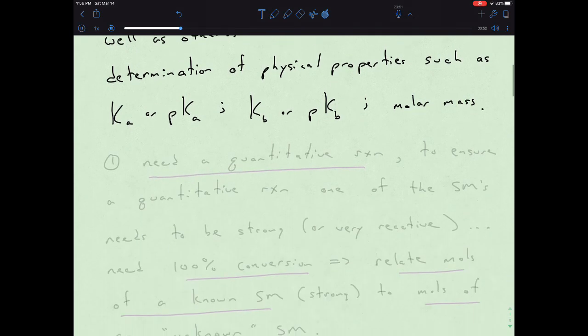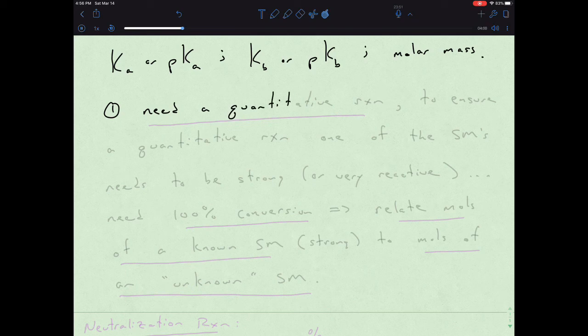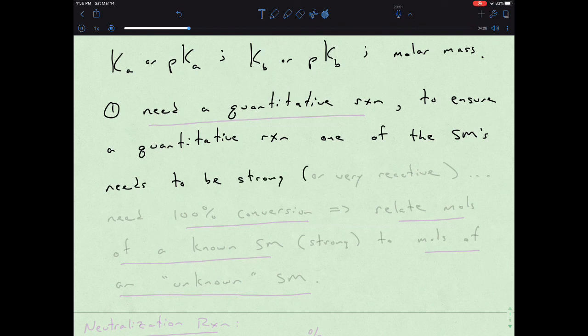So with titrations, what do we need? Well, we need a quantitative reaction. And to ensure a quantitative reaction, one of the starting materials needs to be strong, or very reactive.